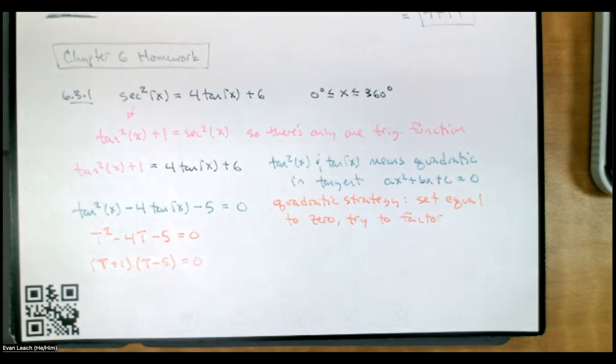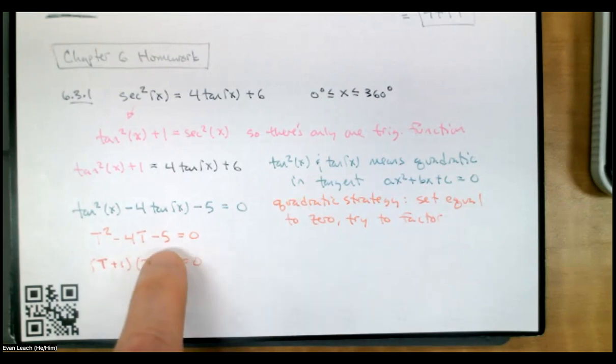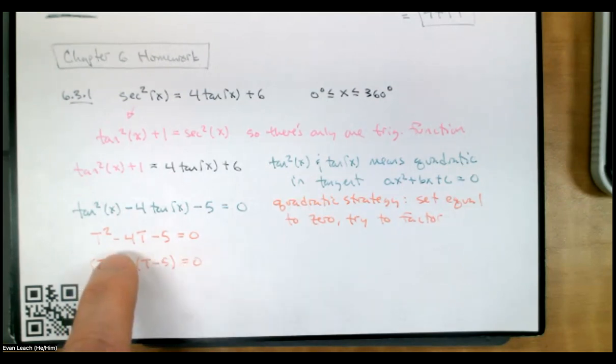If we replace tangent with a big T for tangent, you want factors of -5 whose sum is -4. They multiply to -5 and add up to -4.